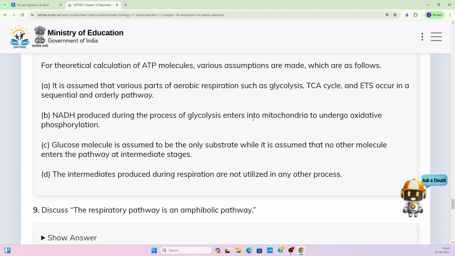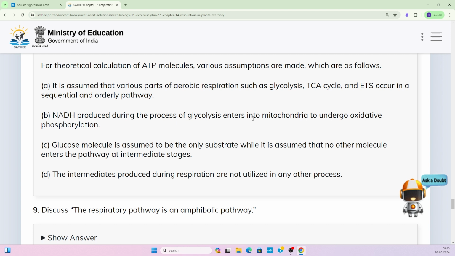So NADH produced during glycolysis: there are two reactions in which this NADH2 is produced by glycolysis, and it enters the mitochondria to undergo oxidative phosphorylation. Third, the glucose molecule is assumed to be the only substrate, and no other molecule enters the pathway at the intermediate stages.